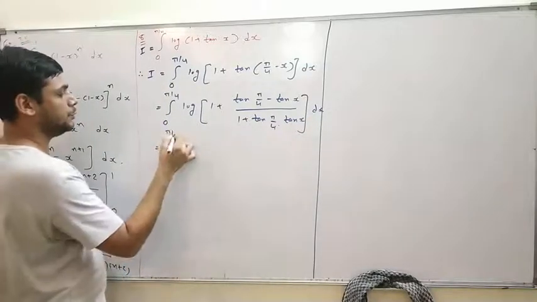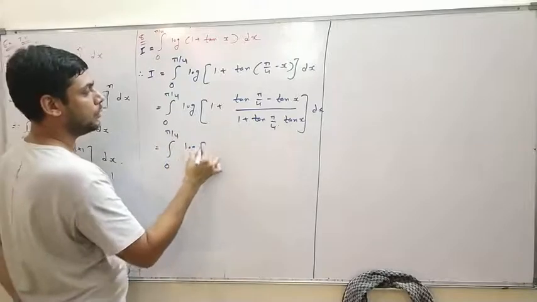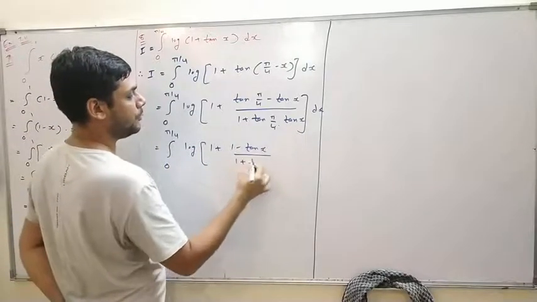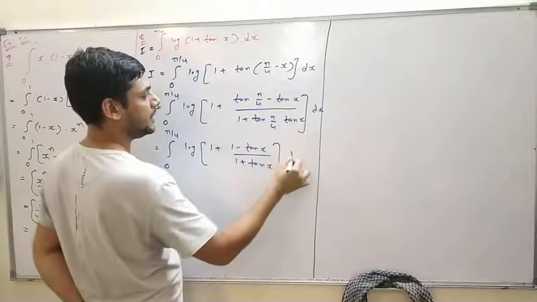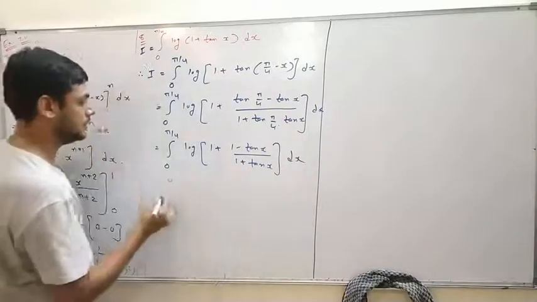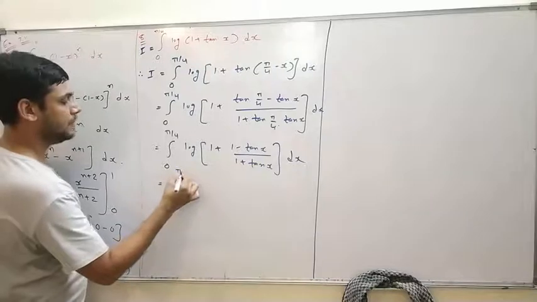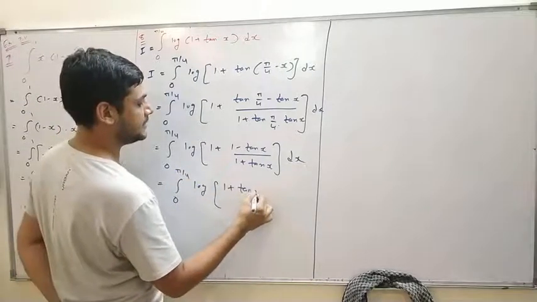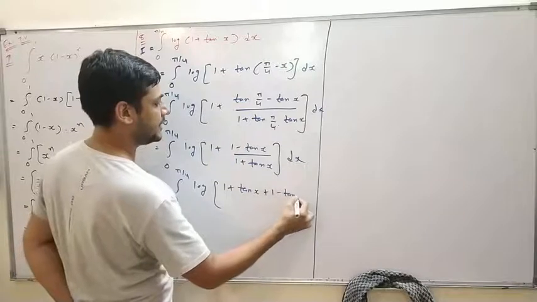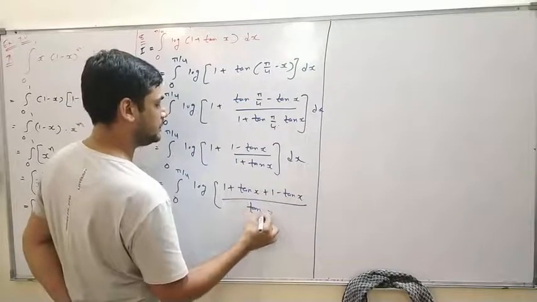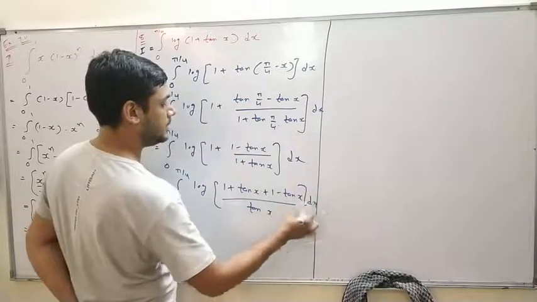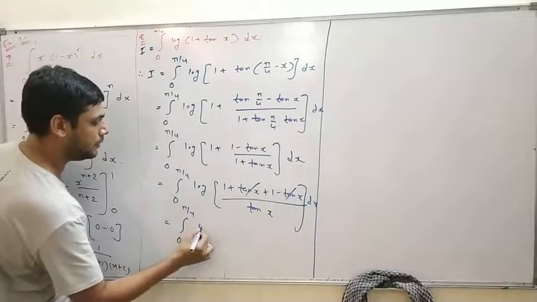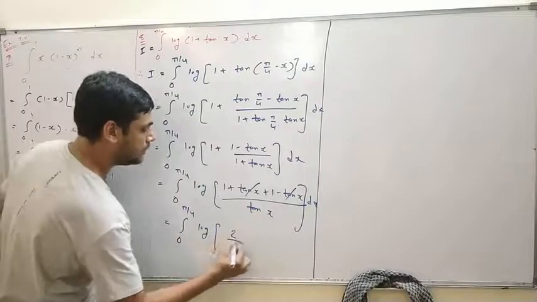So integral 0 to pi by 4 of log of 1 plus (1 minus tan x) upon (1 plus tan x), because tan pi by 4 is 1. If you take the LCM, that is (1 plus tan x plus 1 minus tan x) upon (1 plus tan x). The tan x cancels. So that is equal to integral 0 to pi by 4 of log of 2 upon (1 plus tan x).